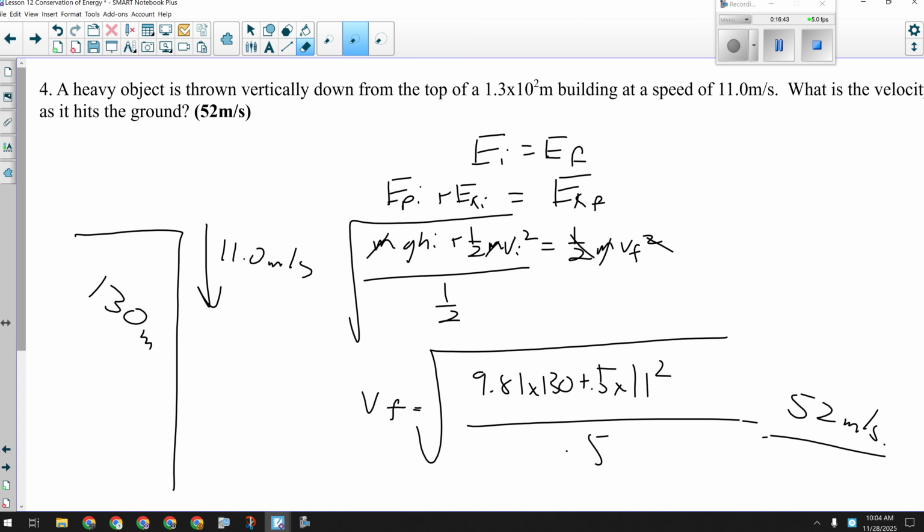What do you think? If I threw it vertically upward, would the answer change? I want you to think about what that object would do if instead of throwing it vertically downward, you threw it straight up in the air instead.